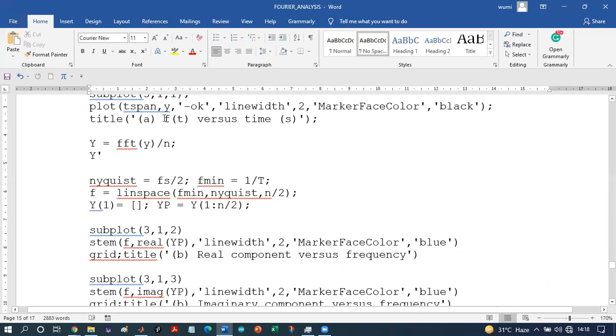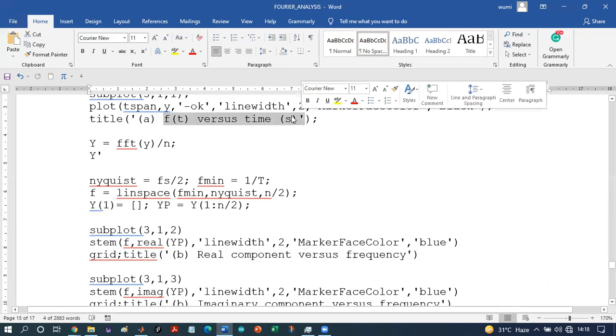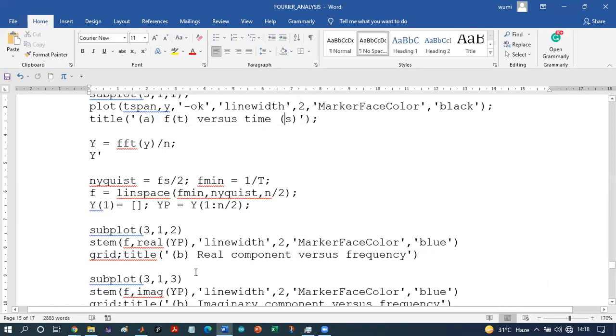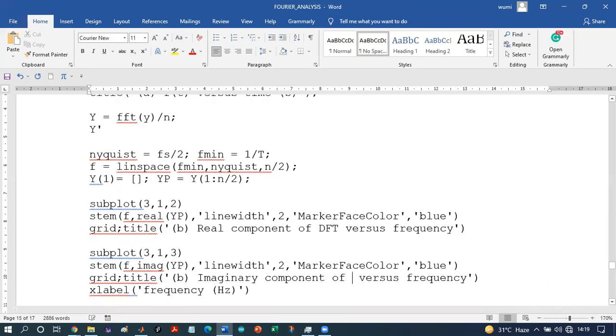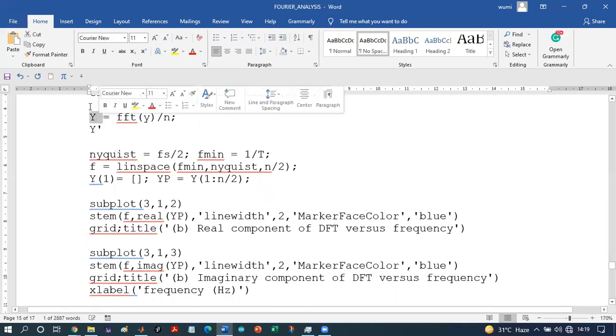So this one is saying that this is the function f of t as a function of time. And this is the real part of the DFT. If you want to be very precise, you can say the real components of DFT versus frequency, then the imaginary components of DFT versus frequency.